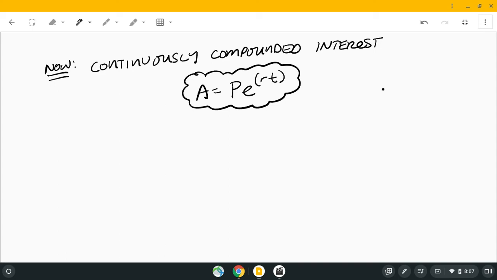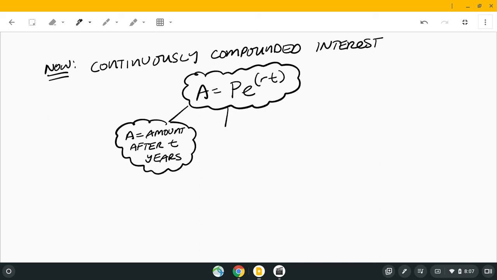P is our initial amount, our principal. e is not a variable. Okay, so don't think that e is a variable. e is that number on your calculator, 2.718. Okay, so A is your amount after t years. So that's still the same. Amount after t years, that's your final amount. Okay. P is still your initial amount, your principal.